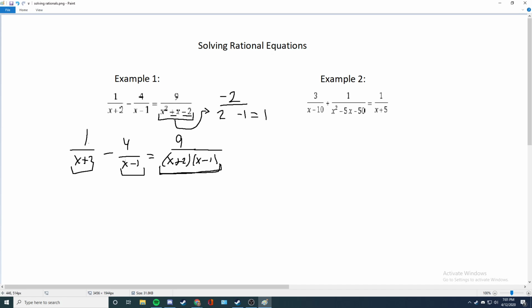So if we want each of these terms to have that, we have to multiply this term by x minus 1 over x minus 1, and this term by x plus 2 over x plus 2.